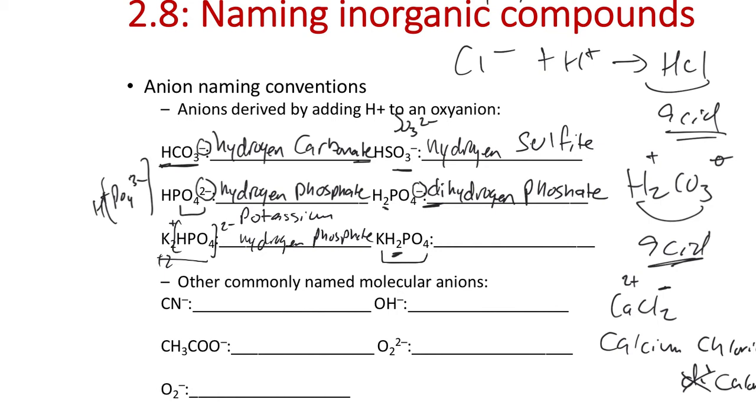And so this one will be potassium dihydrogen phosphate. So potassium, one word, dihydrogen, one word, then phosphate, one word.